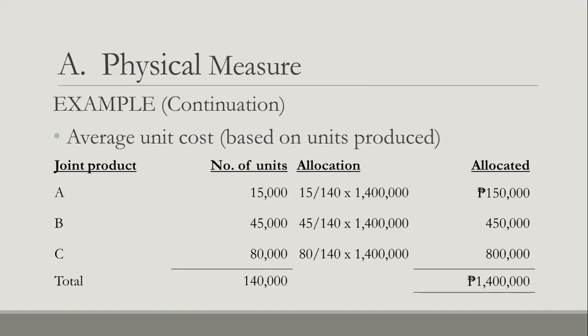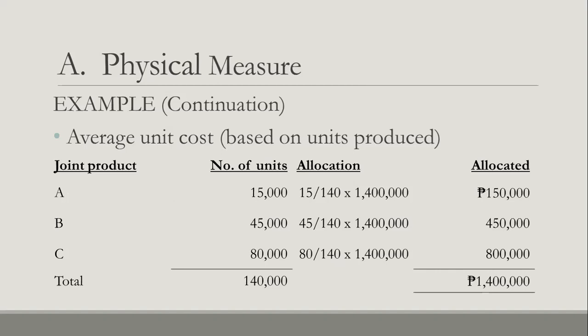Then allocate it proportionately. So for joint product A, you get 15,000 divided by 140,000 units, which is about 10%. For 45,000 units divided by 140,000 units, you will get 32%, and the remainder would be allocated to product C. When you already have the ratio of the units over your total units, you multiply this with your total joint cost.